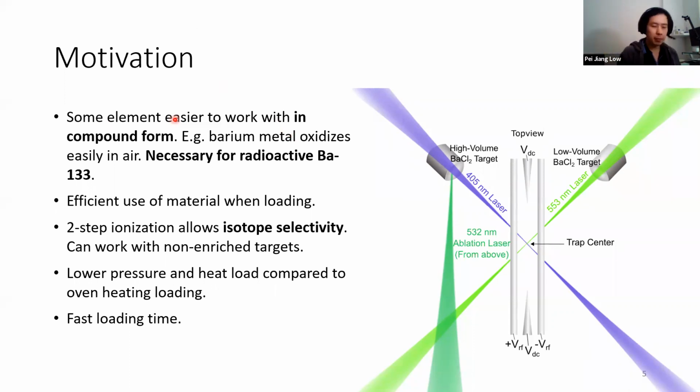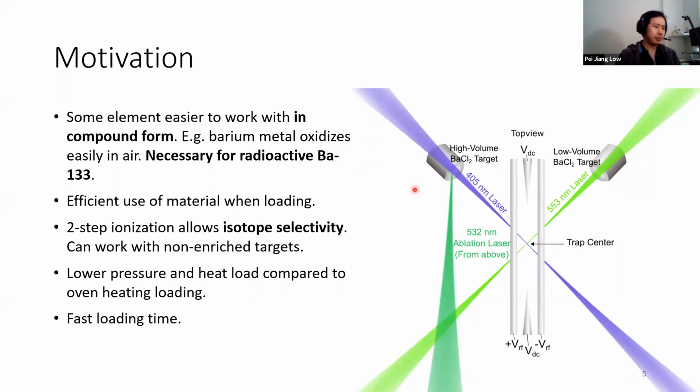And for more exotic isotopes like barium 133, which is currently rising in popularity as a trapped ion qubit, we can only get it in its compound form. So if you want to trap barium 133, you have to use laser ablation. That's one of the major advantages.